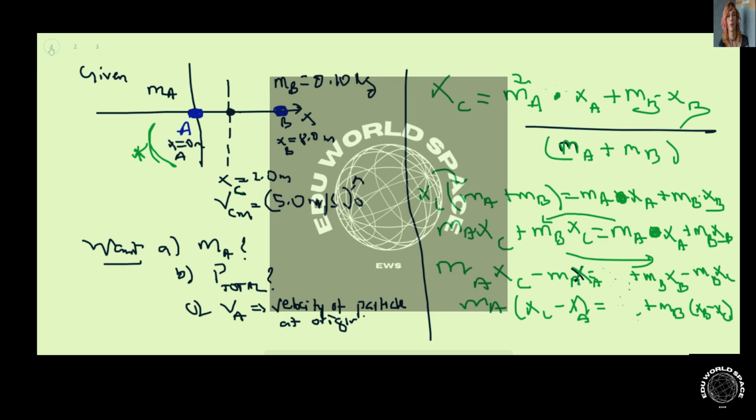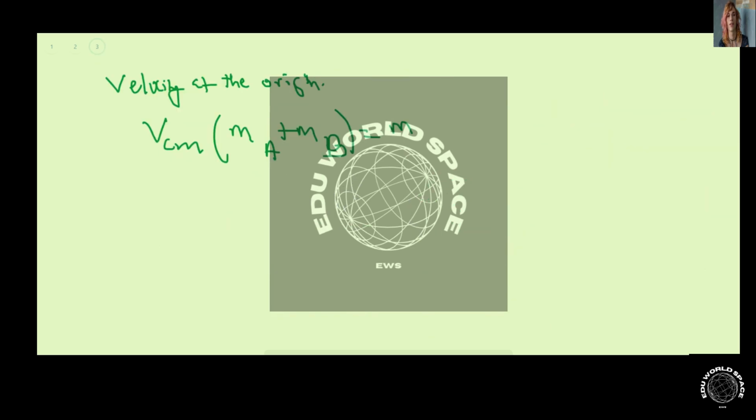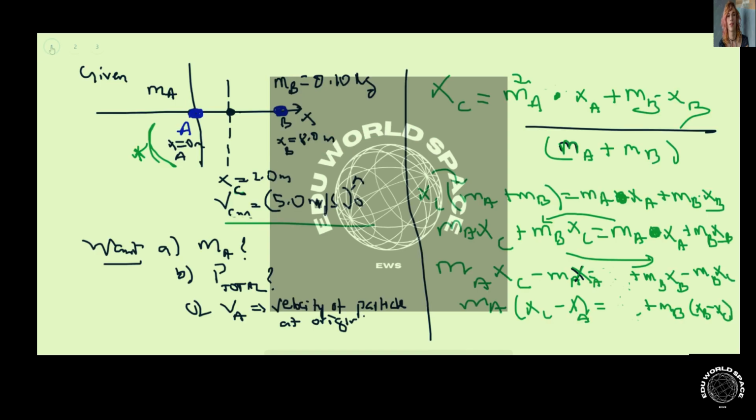That's the velocity at the center of mass, this one right here. So if we come back, we see that we have ma, va. Remember, VA was the velocity that we're looking for.